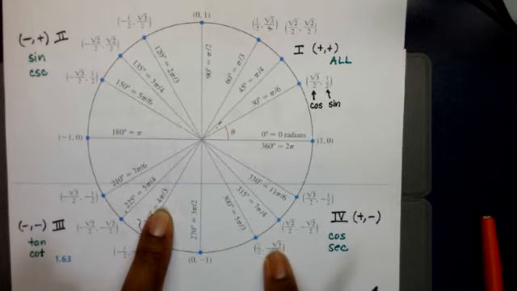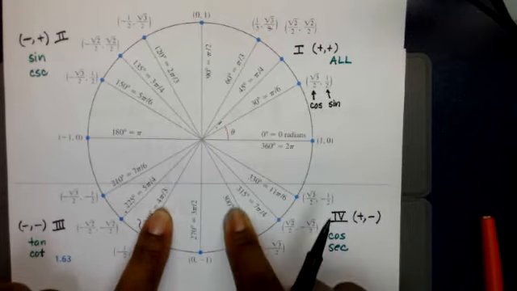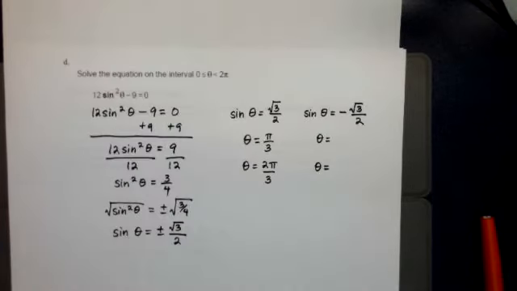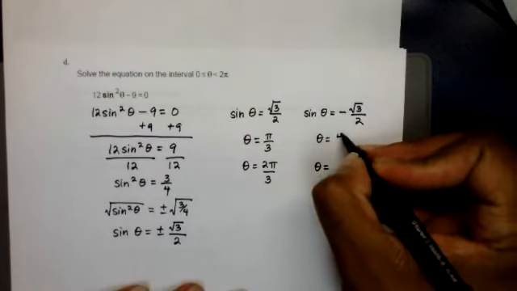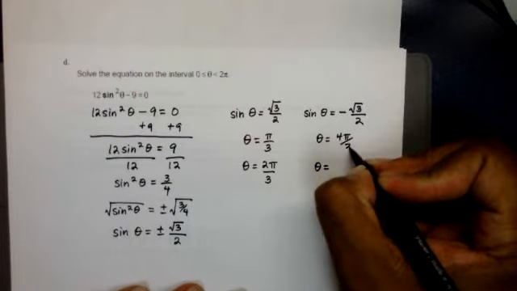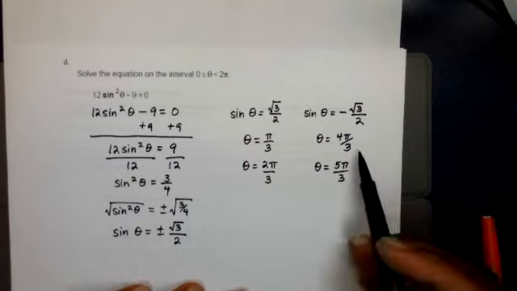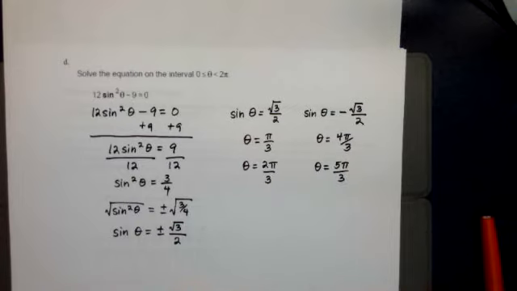And for this one, that angle is 5 pi thirds. So at 4 pi thirds and 5 pi thirds, the sine of theta will be negative square root of 3 over 2. Okay, so these are all the values of theta that satisfy that trig equation.